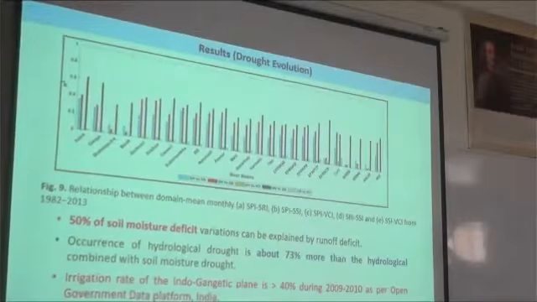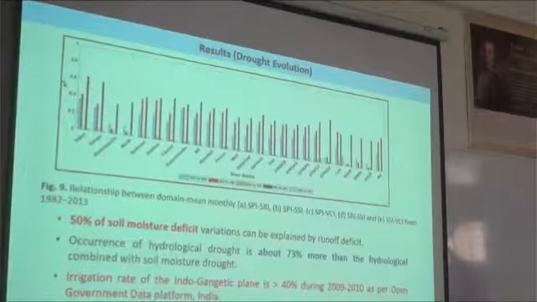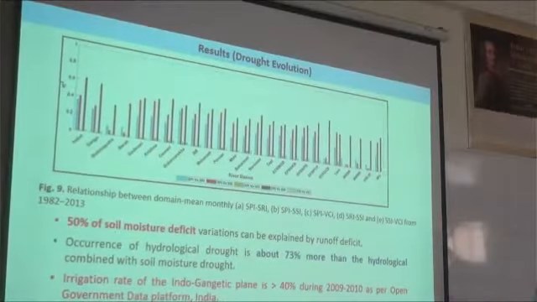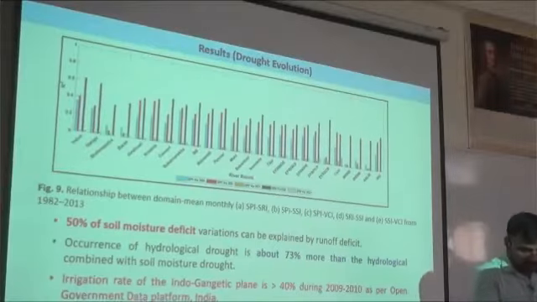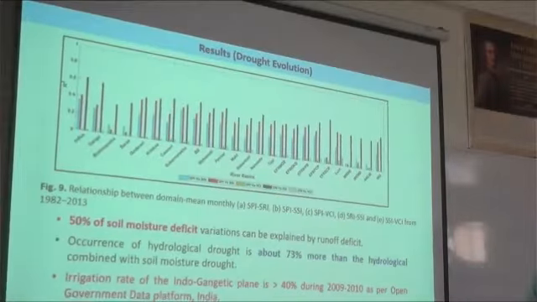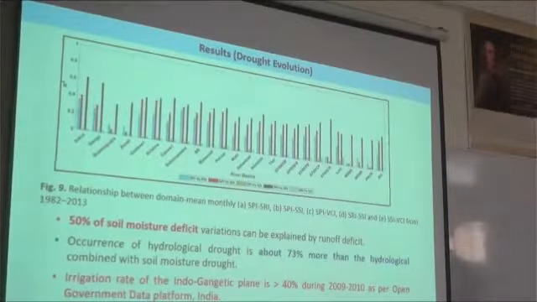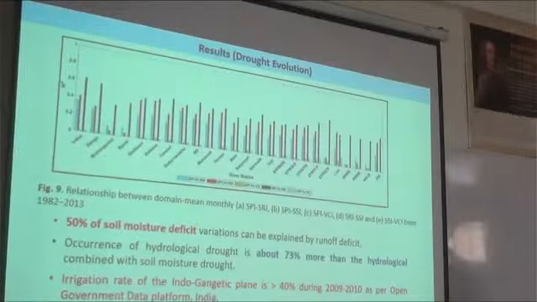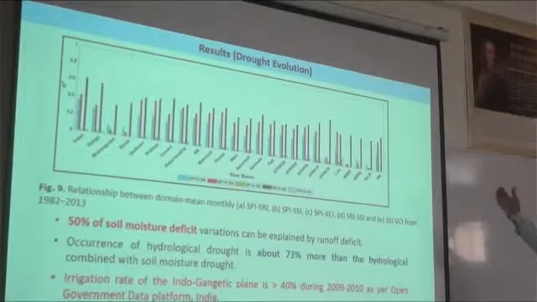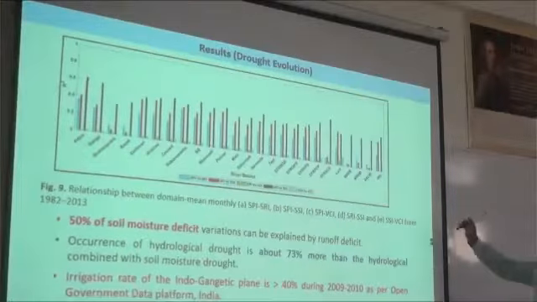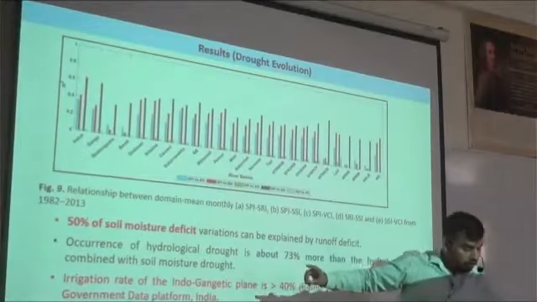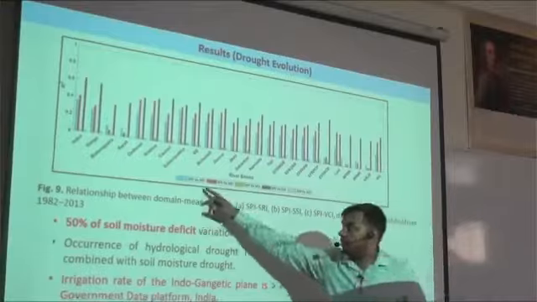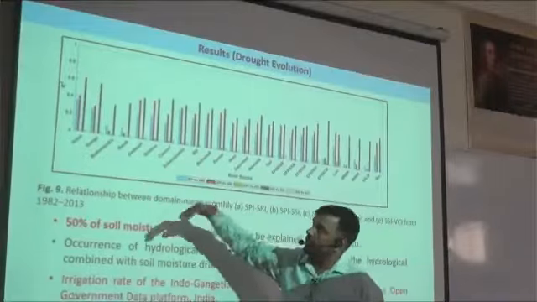Then we have shown the results for the drought evolution process. In this we have not done a lot of work for the evolution. We have a very simple classification here. Whatever the SPI, SRI, SSI and VCI values we have found, we find out the R square value. Means we just compare 2 drought indices at the same time, like SPI and SRI, and then we have plotted its R square value.